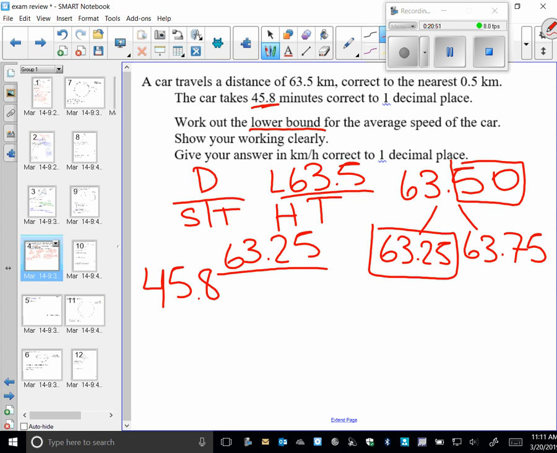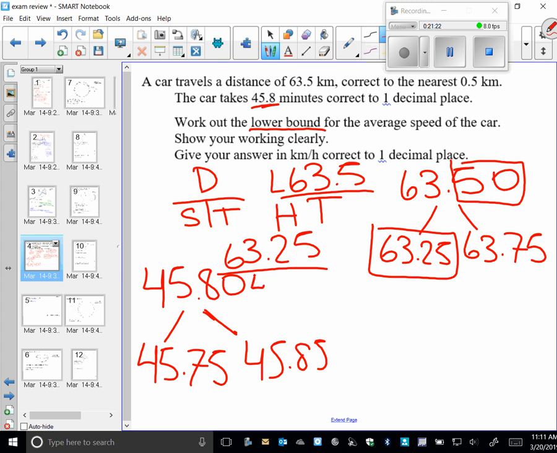Yeah. So as we know how to do this one, we just add the 0 on the end, so the lower bound is 45.75, and the upper bound is 45.85.